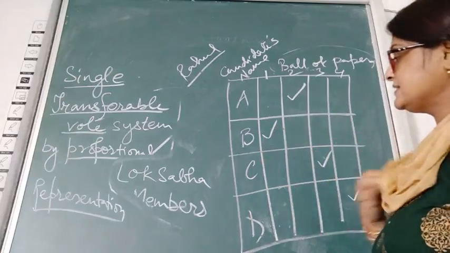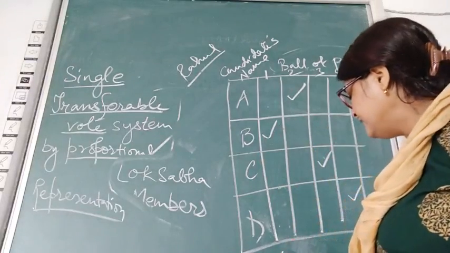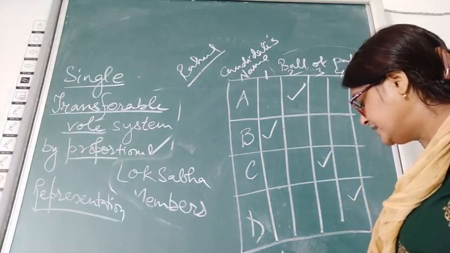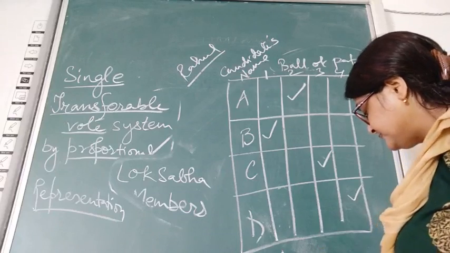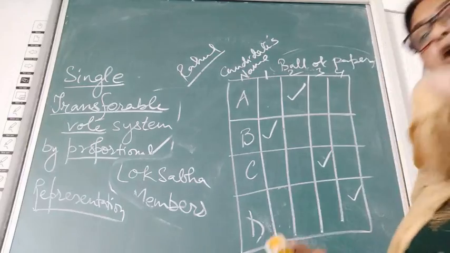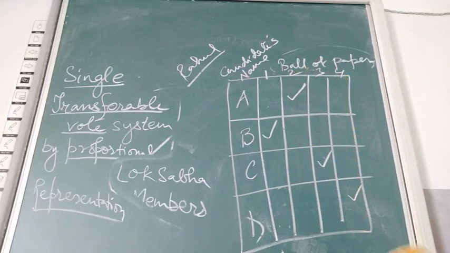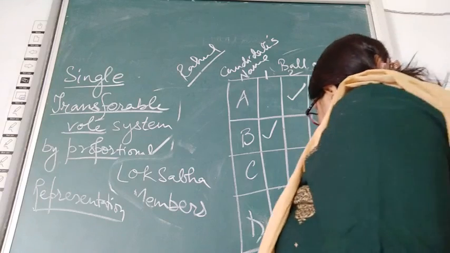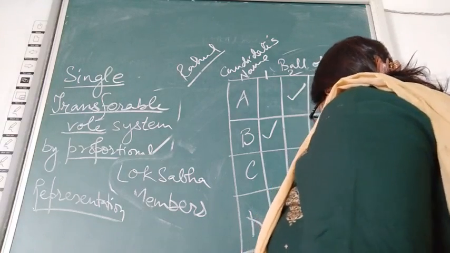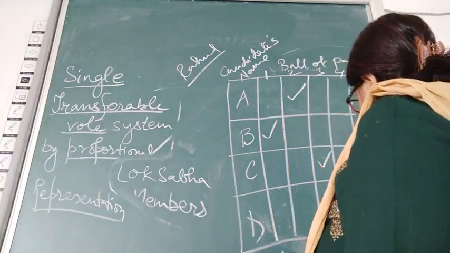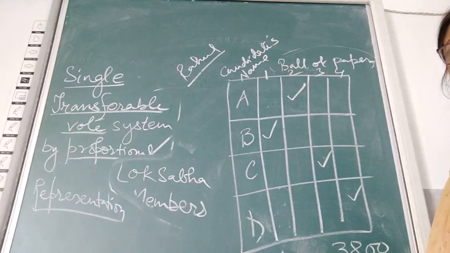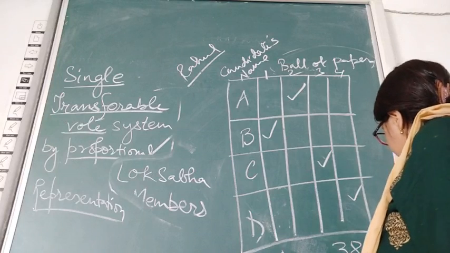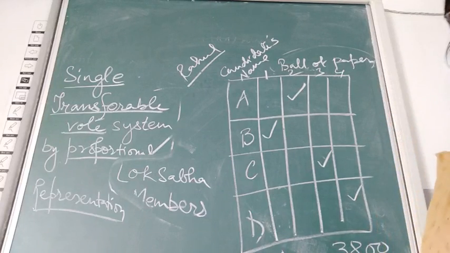Now, for example, when we calculated all the votes, we came across how much A, B, C, D gets. For example, A candidate gets 3,800 votes. How many votes? 3,800. Then B gets 2,900 votes.